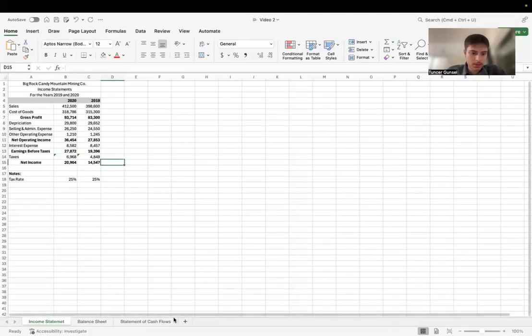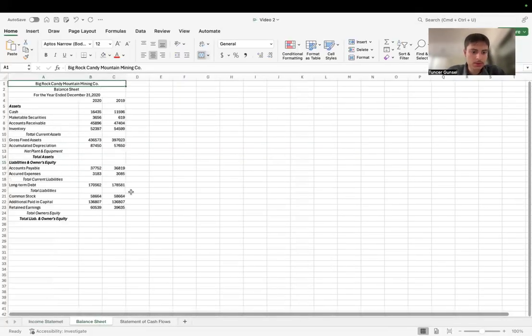So now we're going to do the balance sheet. The balance sheet basically gives you the financial position of the company at a given point in time.